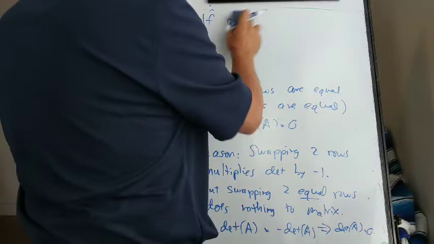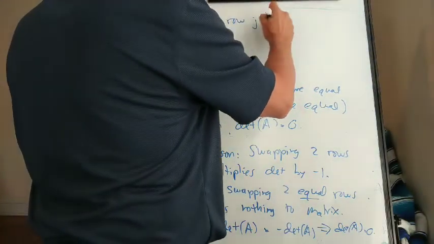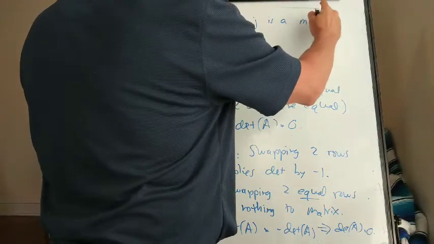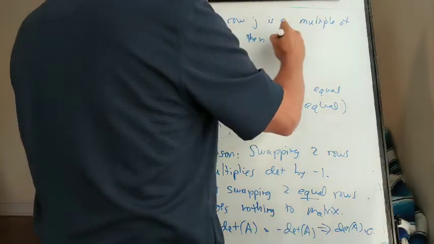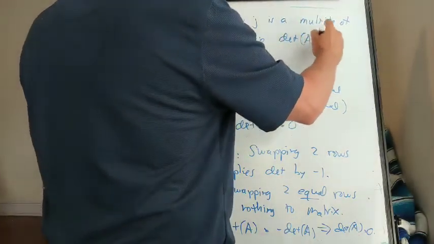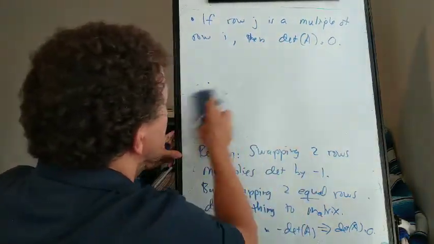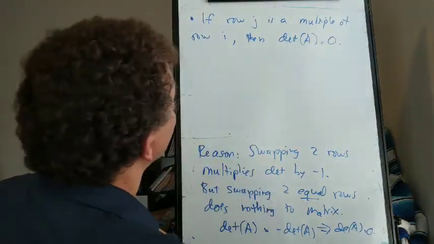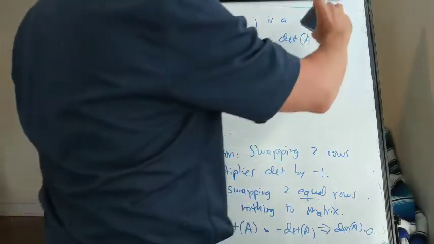Let's say if row j is c times row I, so that we have a name for this multiple, then the determinant is 0.